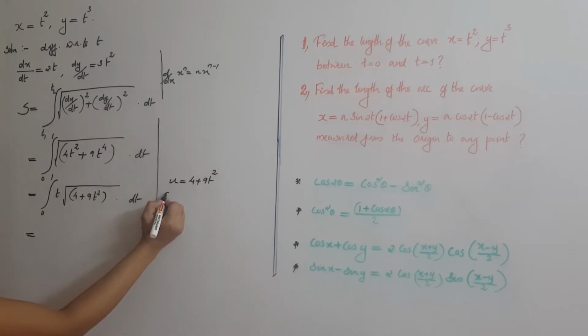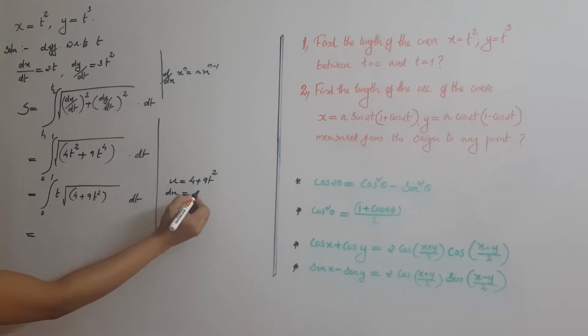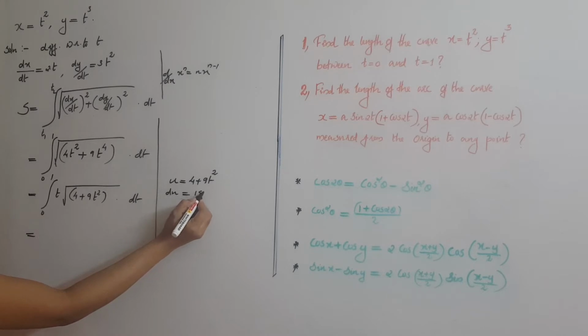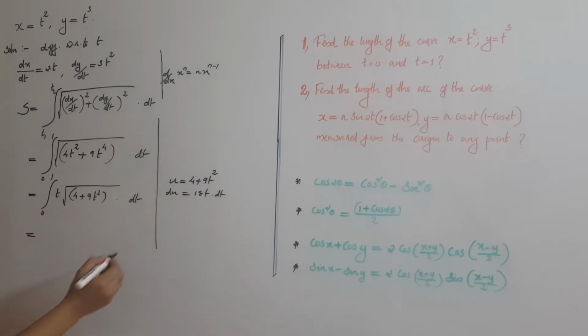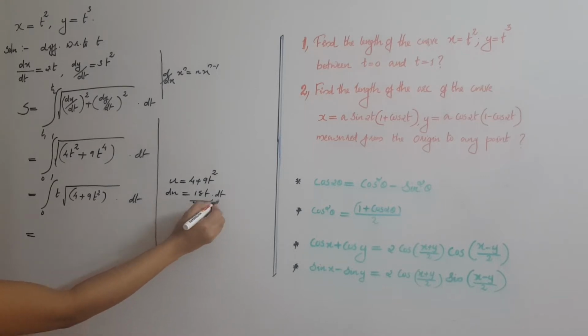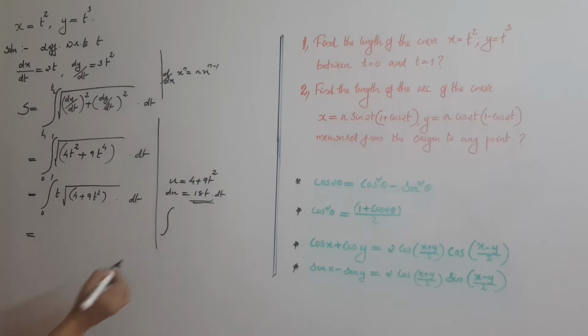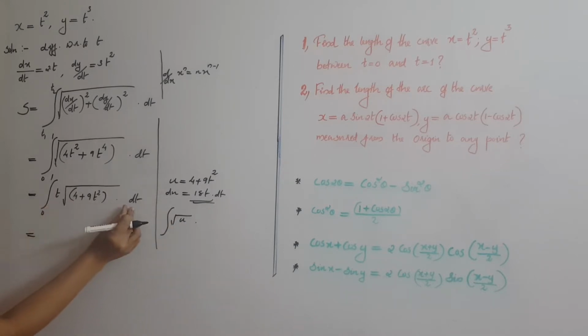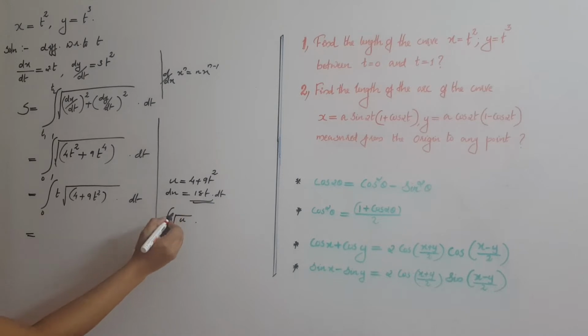Then differentiate it, we get du is equal to 18t into dt. Now the given integral becomes integral, 4 plus 9t square is u, that is integral root u into t dt. t dt is du divided by 18.